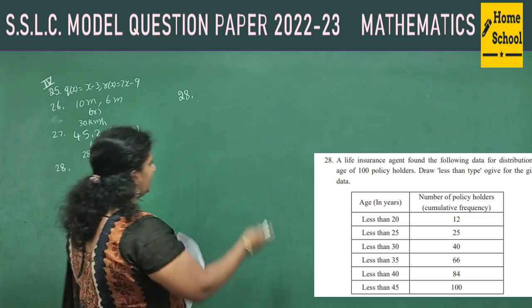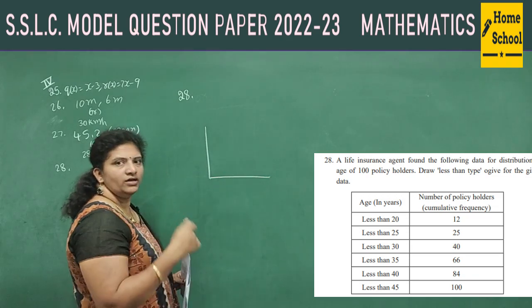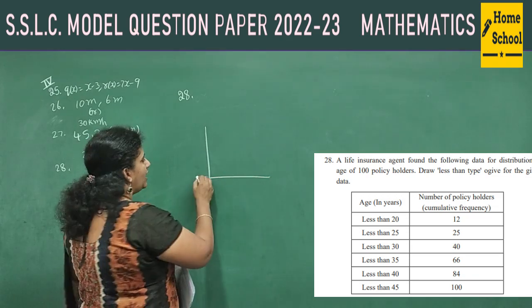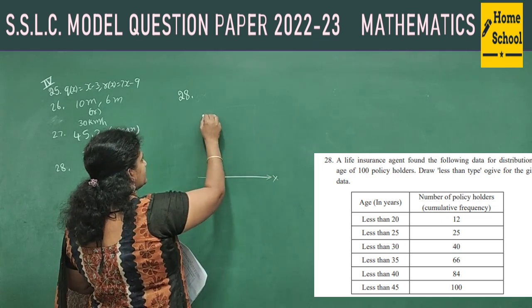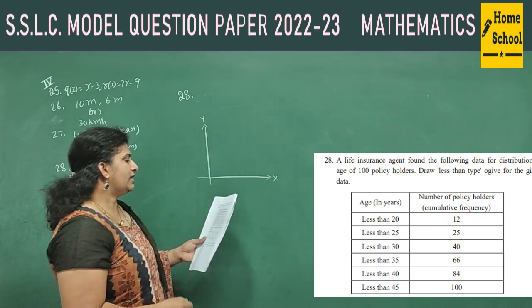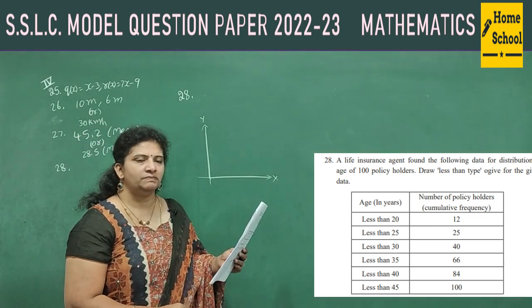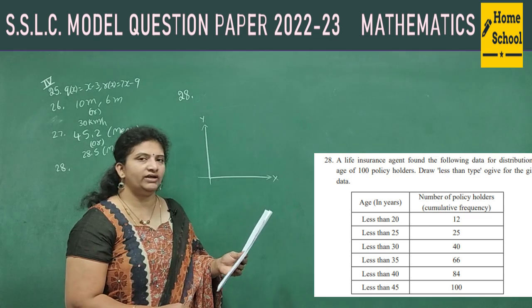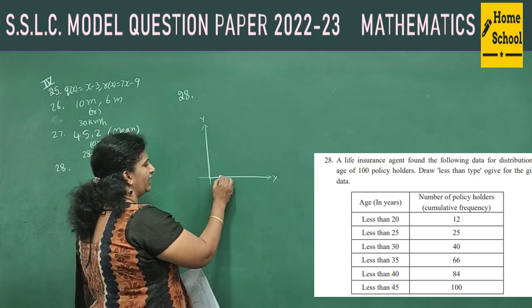So simply take the graph sheet. This is not graph sheet. You have to take the graph sheet and mark this x-axis and this is y-axis. See here less than type ogive. What you have numbers? Less than 20, 25, 30, 35. So your graph starts from 20, right?